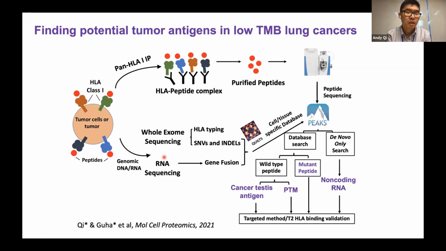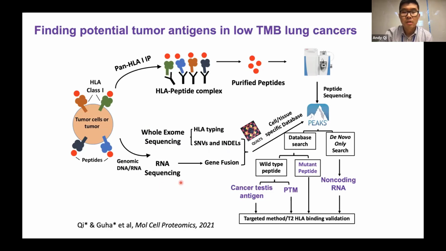And then in the lower arm, we use genomic DNA and RNA for whole exome sequencing, which we use for HLA typing, which is so important to predict which allele a peptide binds to, because we all know HLA or MHC are highly polymorphic, so there are many varieties of HLA. And different HLA alleles bind to many different epitopes. From DNA sequencing we call single nucleotide variants or SNPs, and also small indels and deletions.